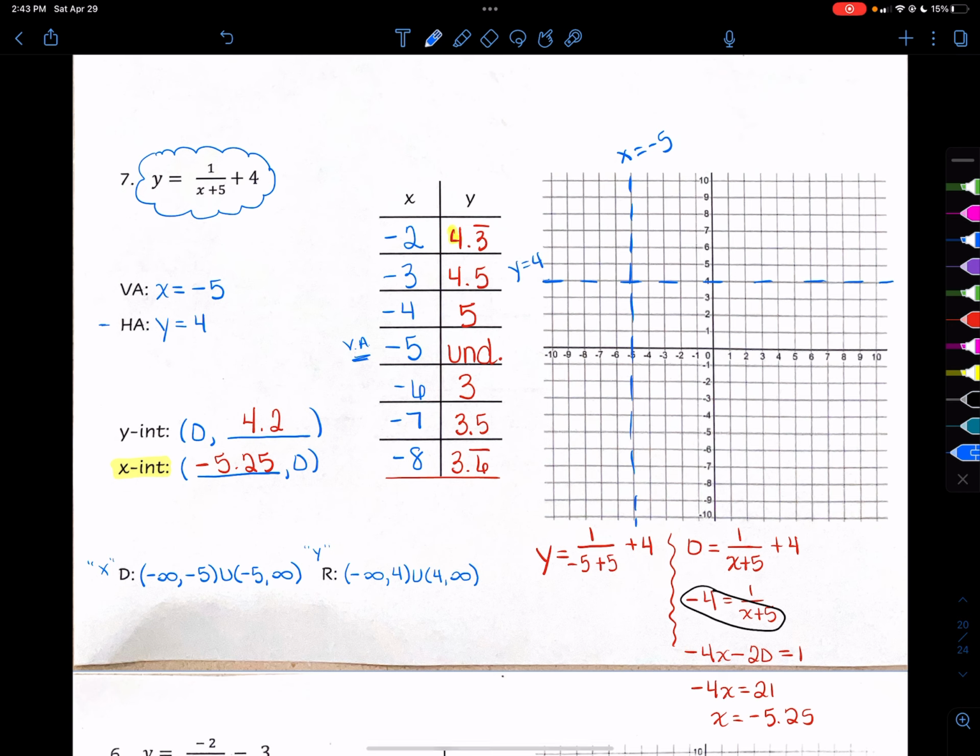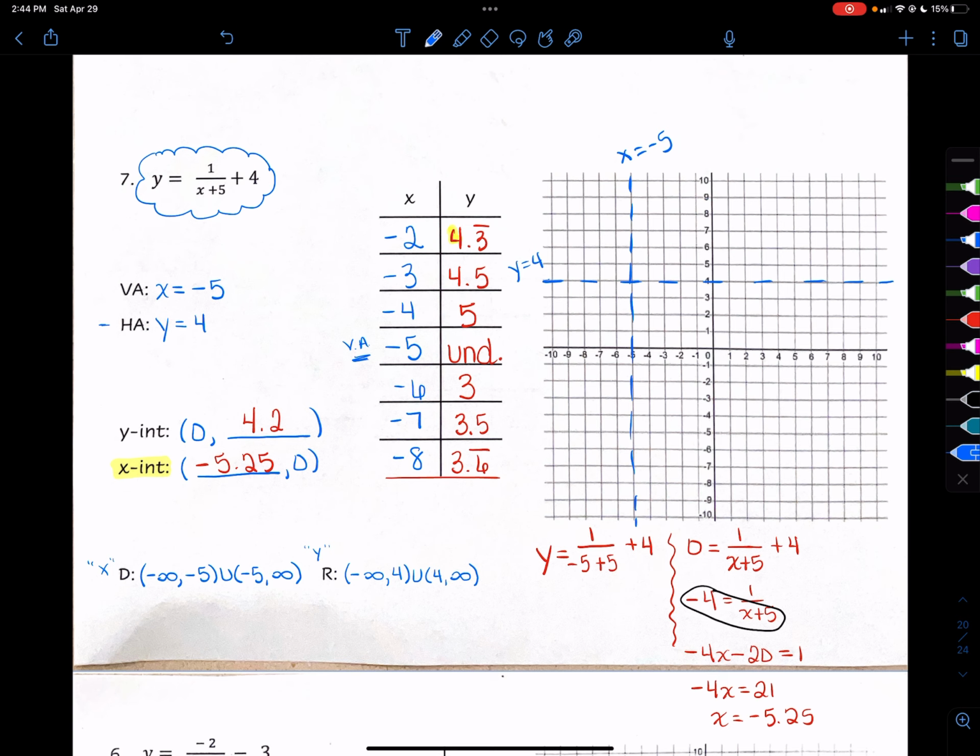This is a positive expression. So since it's positive, we should expect that our points are going to be all in this area and this area. If any of our points fall out of those two areas, then we're going to go back and figure out what we did wrong.